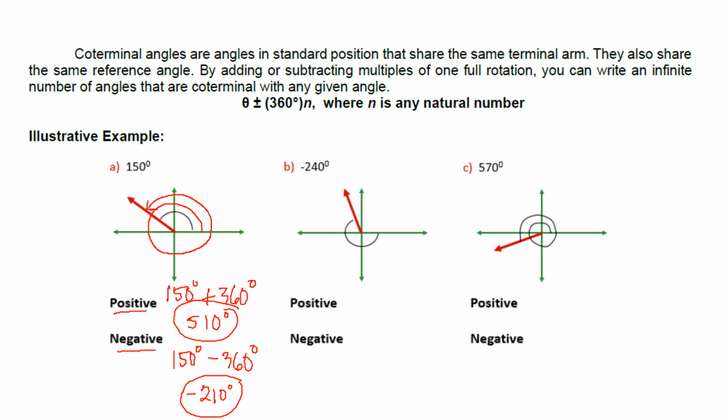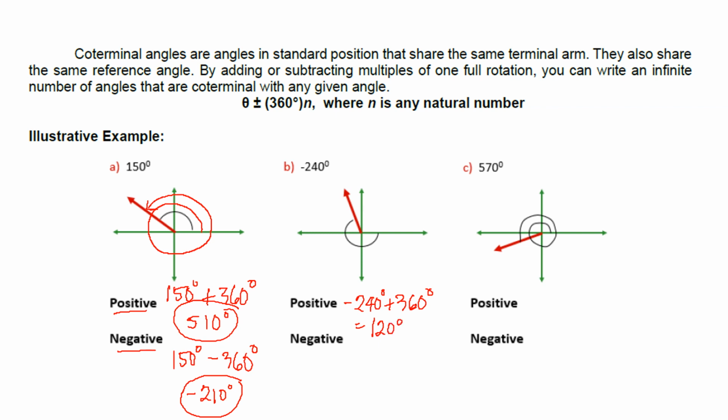Now, how about negative 240 degrees? For the positive, negative 240 degrees plus 360 degrees is 120 degrees.